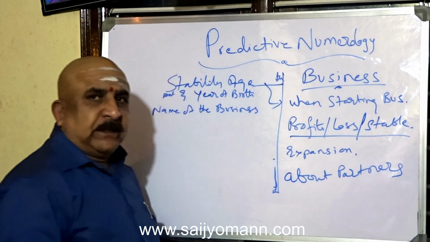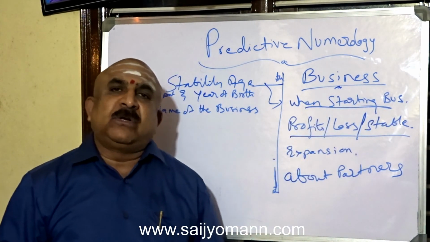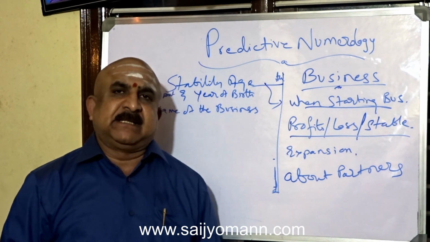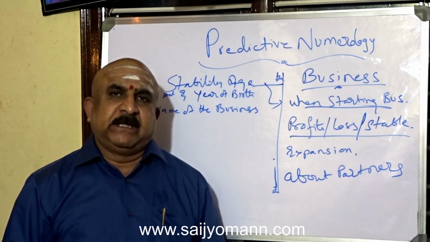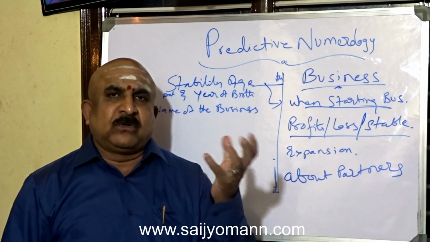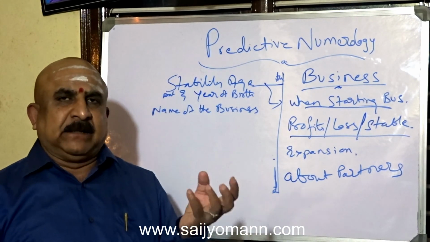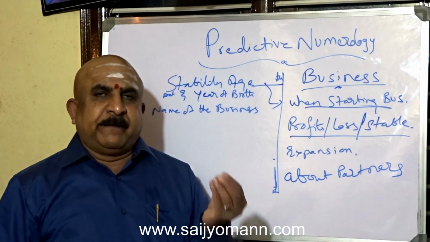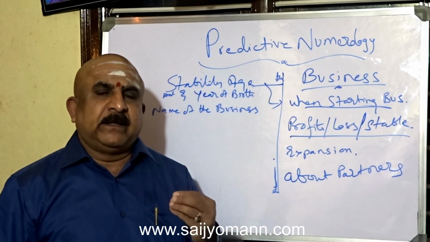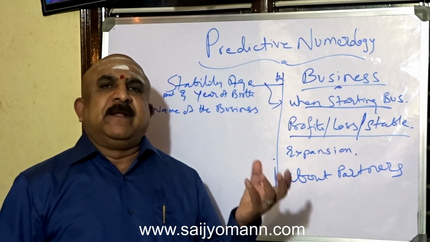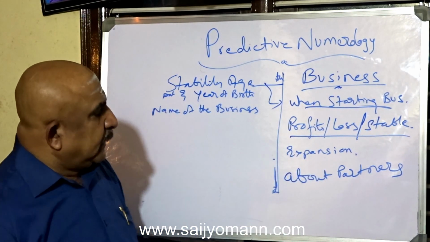Profit or loss. The total number of the title of the business tells us that there will be profit or loss. If the total numerical values of the alphabets of the business title is a bad number, then you have to alter certain alphabets or letters here and there, and then you can come out with a profitable business.